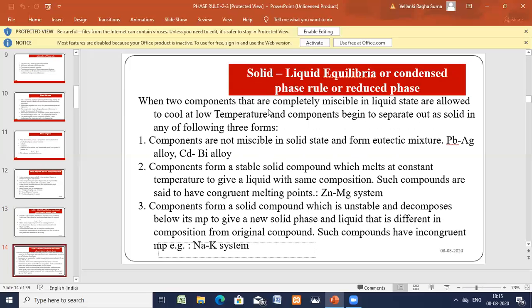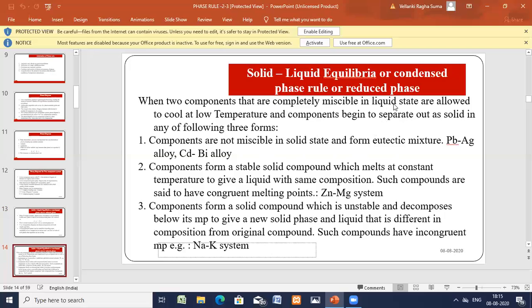When two components are completely miscible in the liquid state and are allowed to cool to low temperature, the components begin to separate out as a solid in any of three forms.